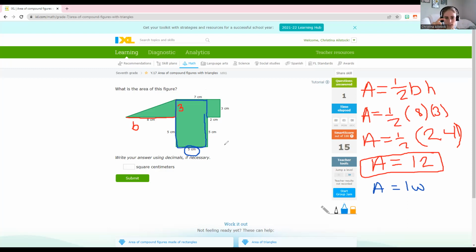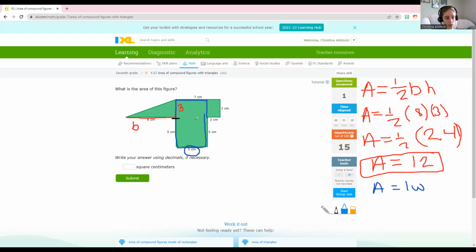Well, now we need the height. Does it straight up tell us the height anywhere? Because I see a height of 5 centimeters, but notice that that ends right here. And we need to go all the way up.